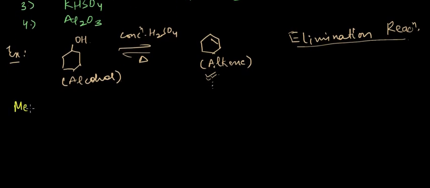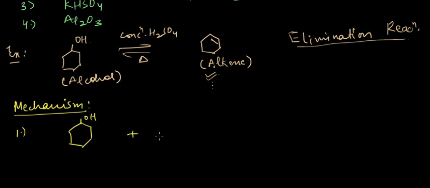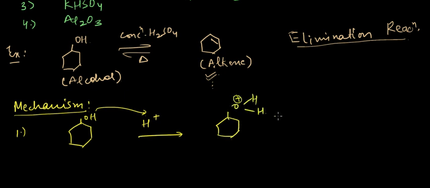So how does the mechanism of this reaction take place? First we have something like this, and this is in an acidic medium. What would happen is simple: the OH will attack this H plus and form a positive charge on itself with 2 hydrogens.